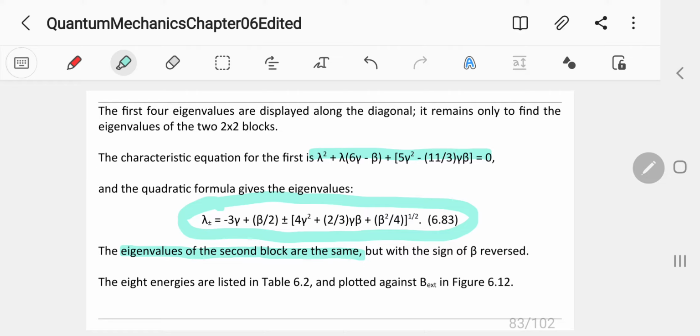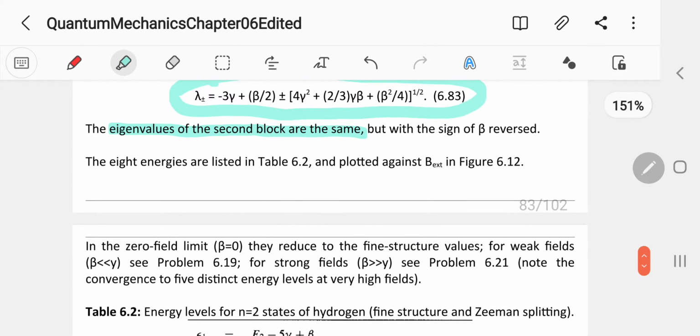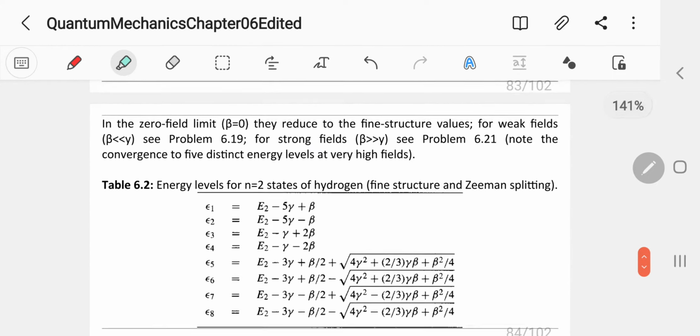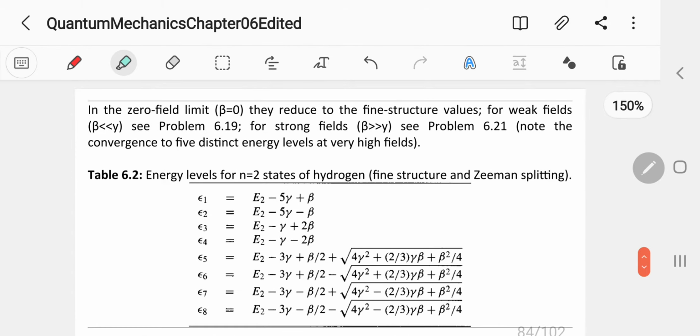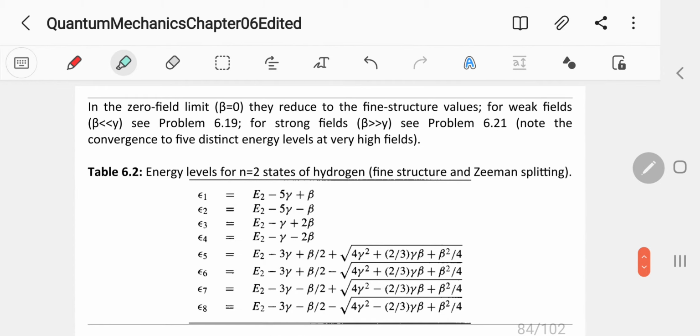So we can have the 8 energies if we are able to diagonalize the matrix. The 8 energies would be given by this one, this one, this one, this one, and the eigenvalues here and here. So that would be the energy levels for n=2 states of hydrogen.